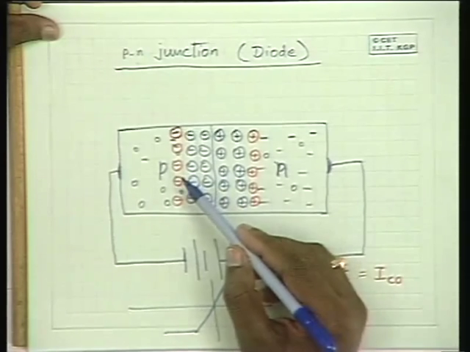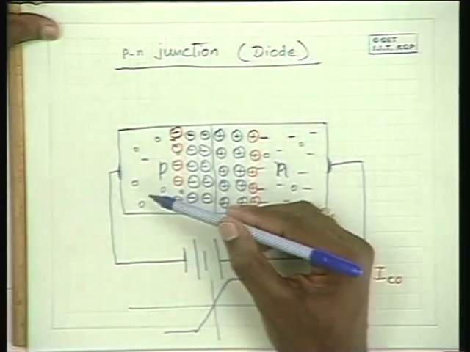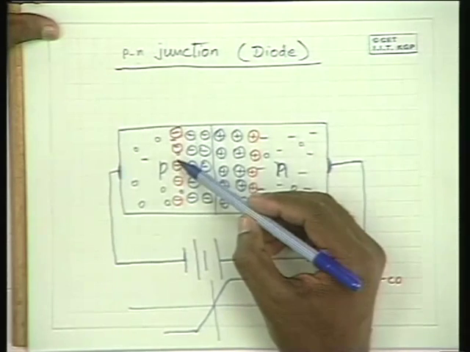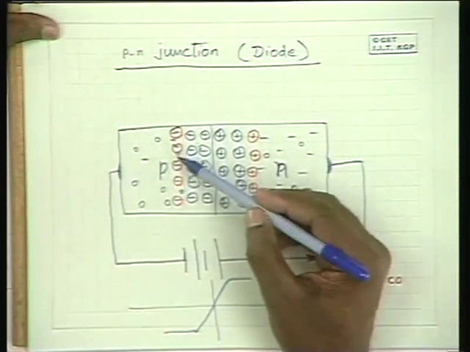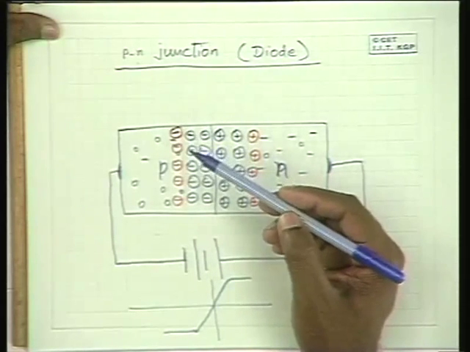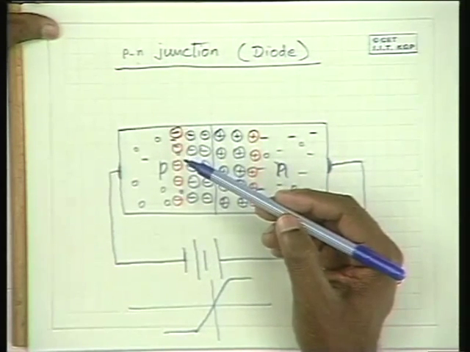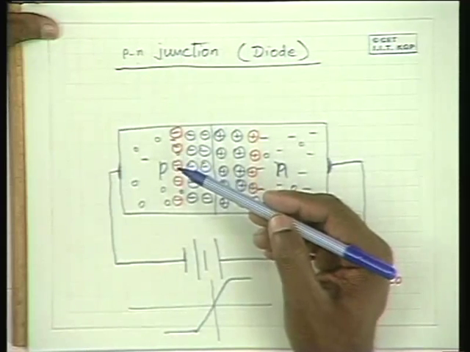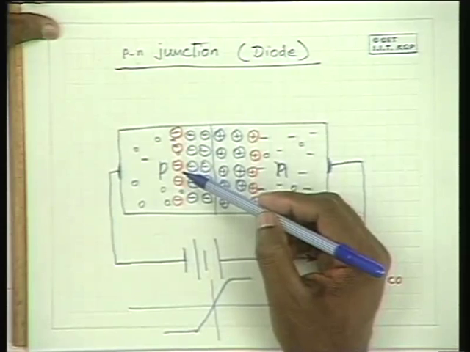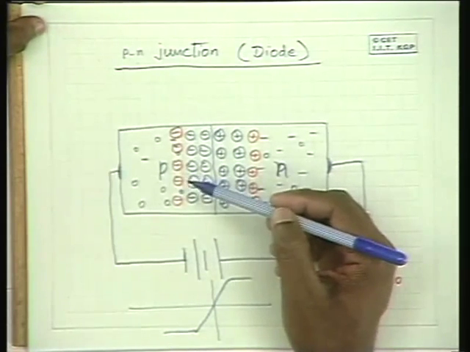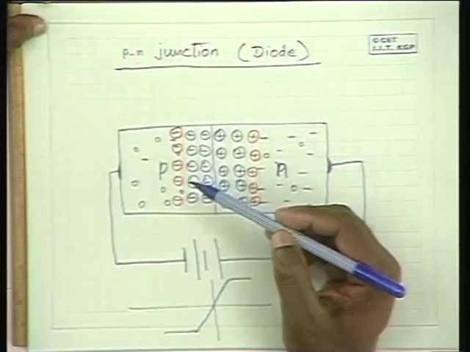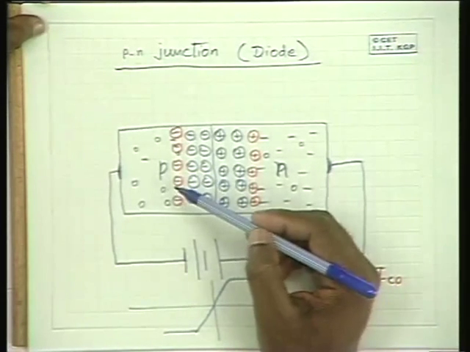When they break the covalent bonds, the electrons responsible for the covalent bond formation go out of the bond, and free electron-hole pairs occur. These free electron-hole pairs also get imparted some energy because of the bombardment and the potential gradient, and they in turn break some more covalent bonds.